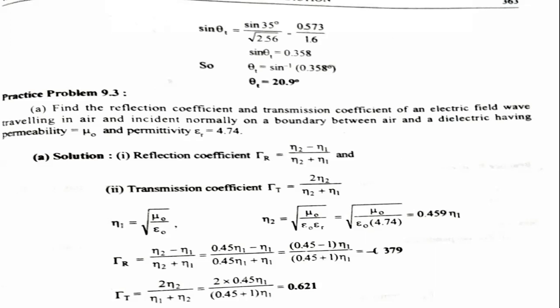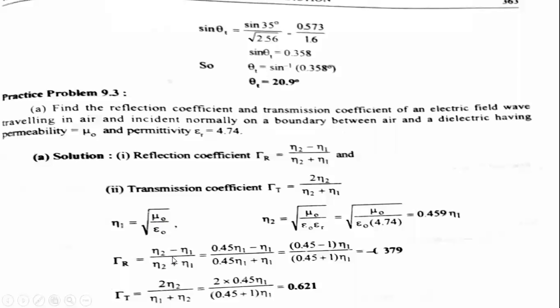If you substitute the values of mu 0 and epsilon 0, which is 4.74, here you will get 0.459 eta 1, because the unknown parameter is eta 1. Whatever you are getting, 0.49, you can substitute. In this way you can substitute eta 1, because we have not calculated it, even though we know the constant value.